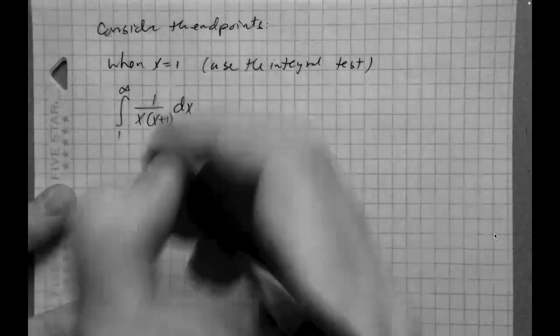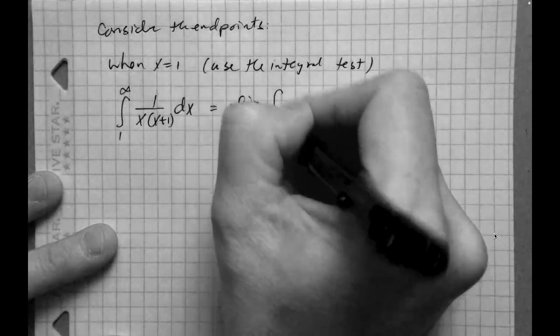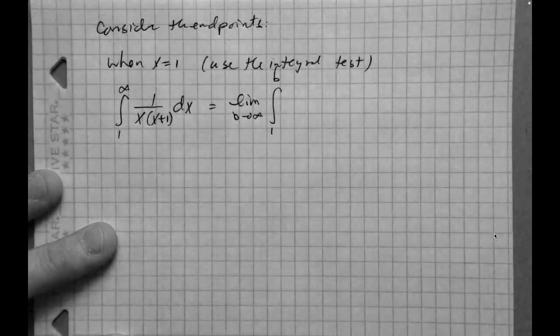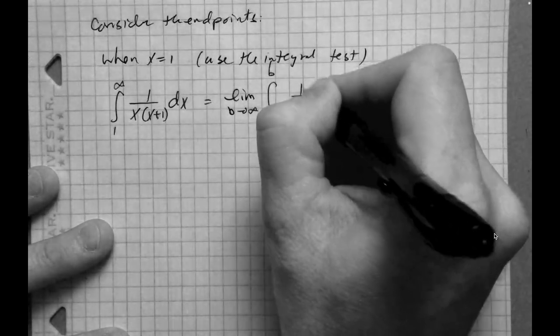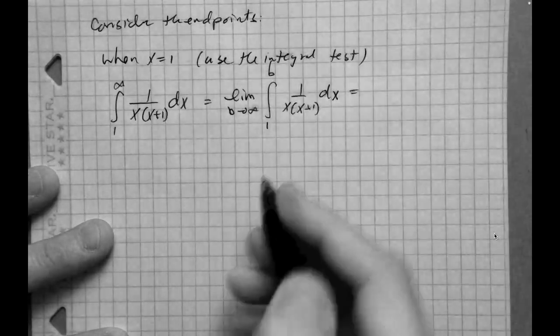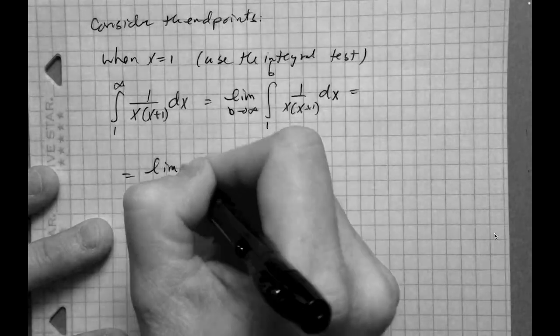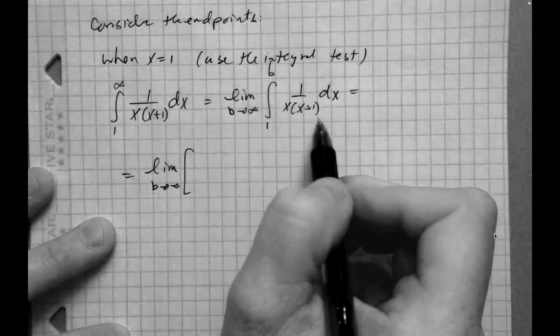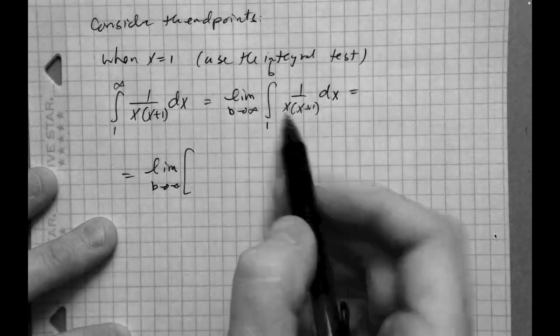And so this is going to be the limit as b goes to infinity of the integral from 1 to b of 1 over x times x plus 1. Can we integrate this? Yes, we can. You could use a partial fraction decomposition.